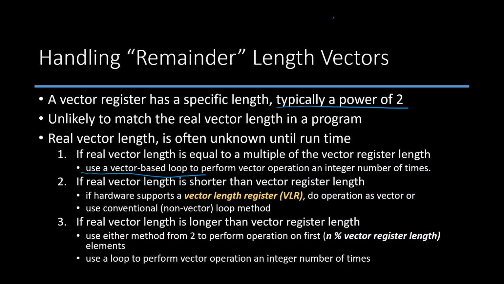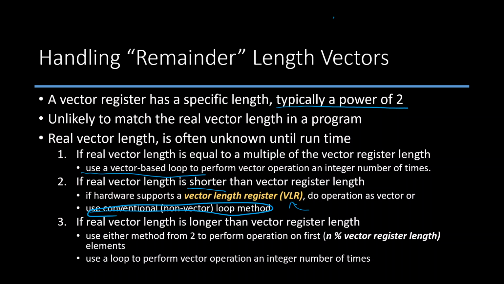So if the vector is shorter than a vector length register, well, heck, we can just use a conventional loop. Just do things the way we had always done it. There is the chance, though, and the ARM processor does not do this, that we have something called a vector length register.